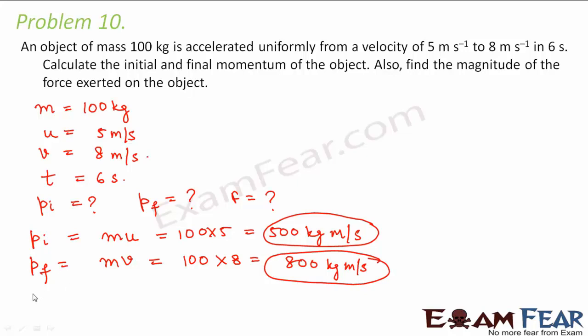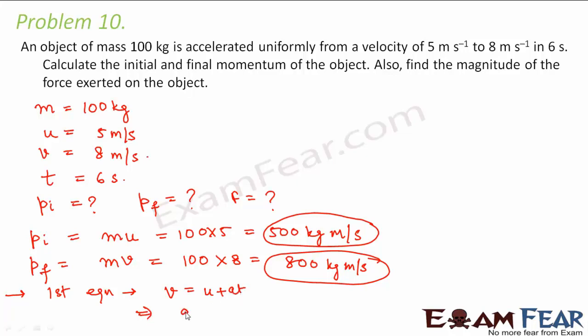Then we have to calculate the force exerted. So force is given by mass into acceleration. So mass is given, acceleration is not given. So for acceleration, we will make use of the first equation of motion, that is V is equal to U plus AT.